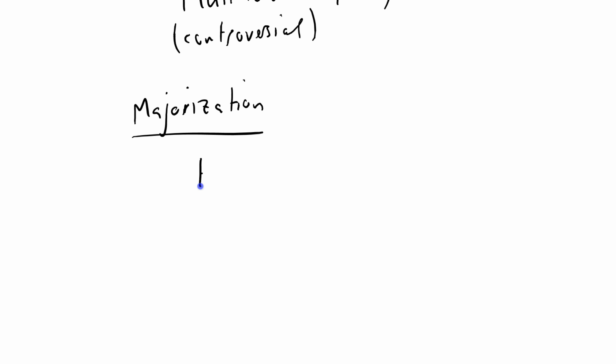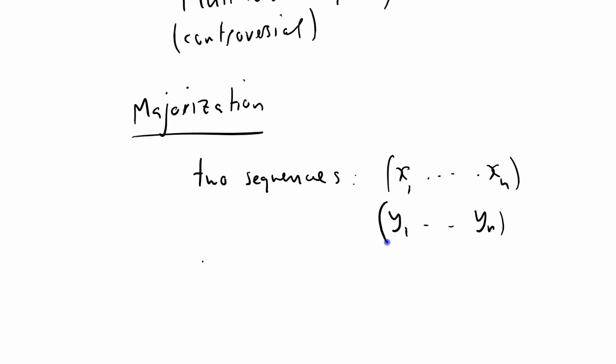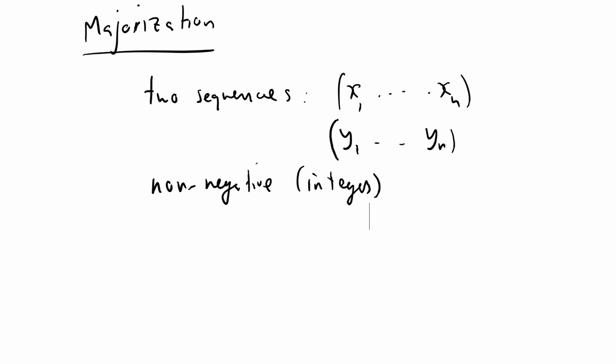If I have two sequences, x1 up to xn and y1 up to yn, non-negative, and I'm just going to consider integers for the moment. These are just integers.